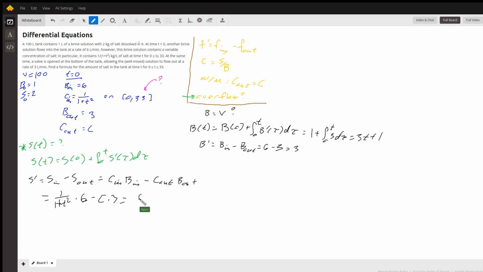So then we can maybe just rewrite that part. Minus 3. And what's C? We have a formula for that. It's S over B. Then we just have to ask, what are S and B? Well, it's okay to have S in there because we're looking for a differential equation. And look at that, we already found B, so it wasn't a waste of time.